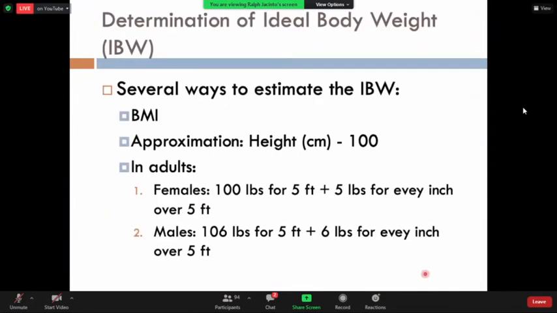An important thing in looking at nutrition would be to calculate the ideal body weight. There are several ways to estimate the ideal body weight. Number one, we can get it from the BMI. You know how to compute for BMI, right?